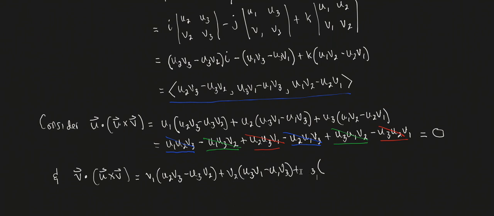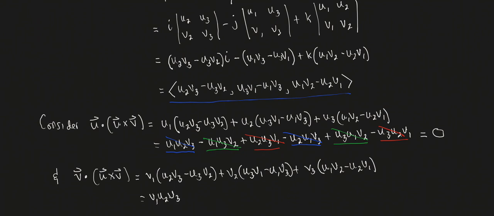So V3 times the quantity U1 V2 minus U2 V1. Let's distribute. And again, just look to see, because if this works again, what are the odds that lightning will strike at the same point twice?